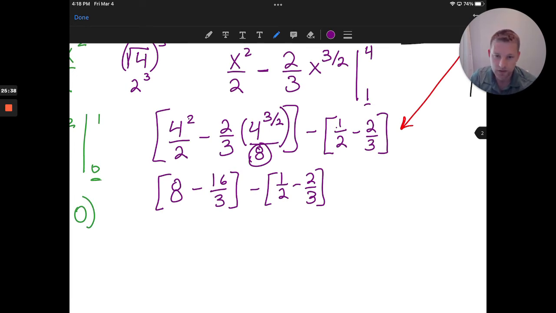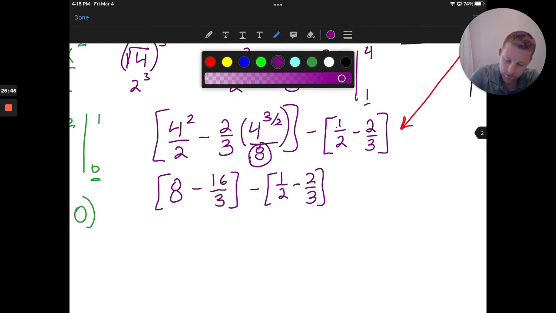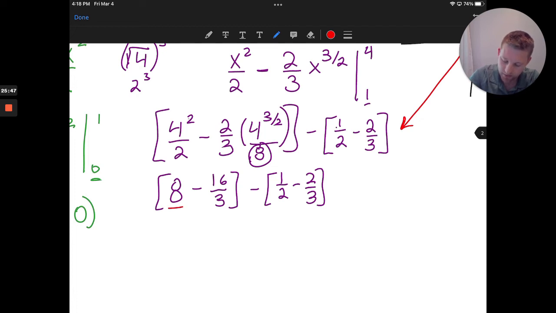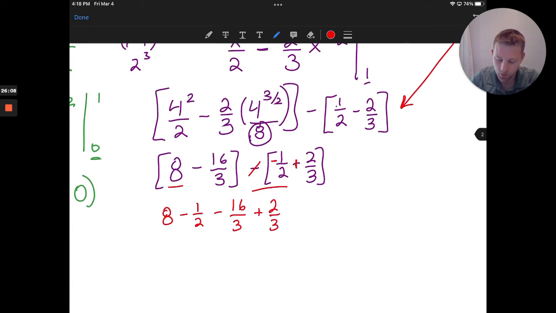So if we put these values together with like denominators here, we're going to have 8 minus 1/2, and then we'll have a plus 2/3 when we're done. So we'll have 8, minus 1/2. We have minus 16 over 3, and then we'll have plus 2 over 3. So a couple of these have common denominators here.